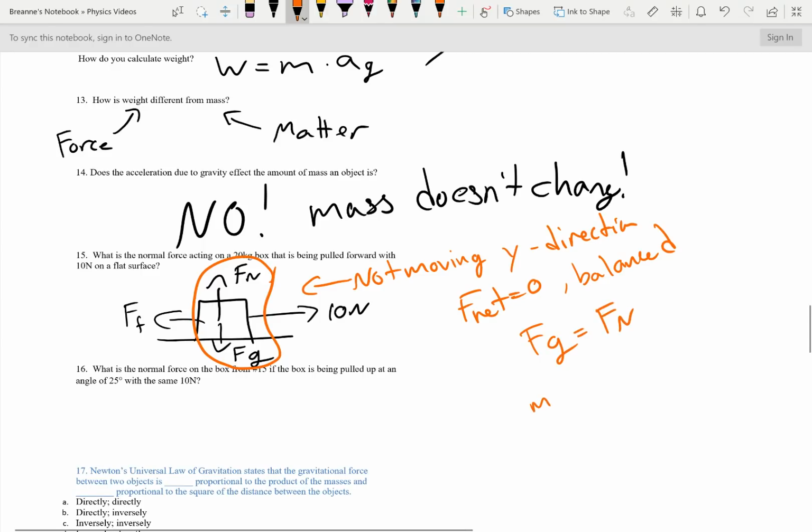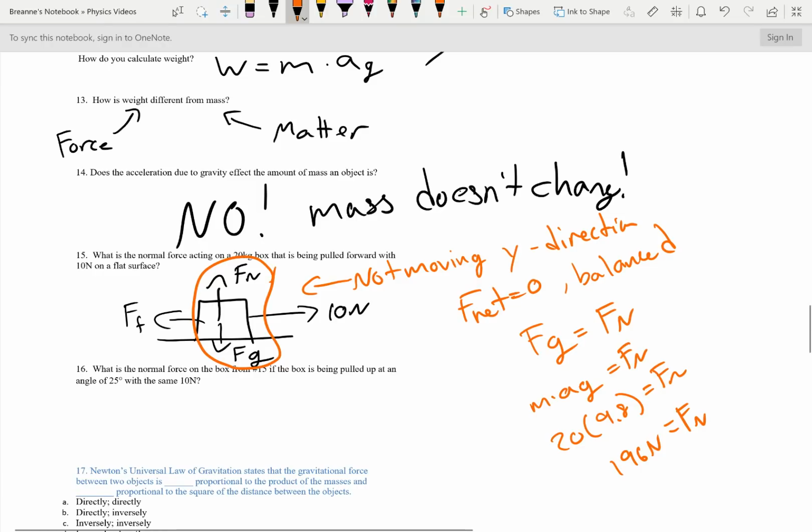Force of gravity is just your mass times acceleration due to gravity. The mass was 20, and acceleration due to gravity is 9.8. So you get that the force of normal equals 196 newtons.